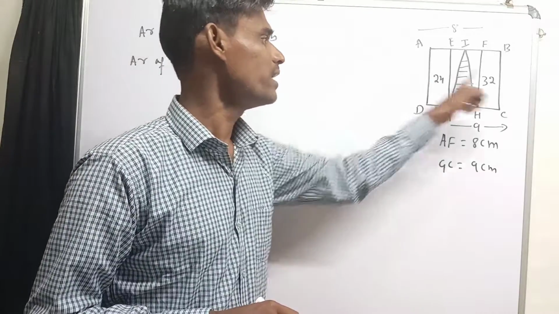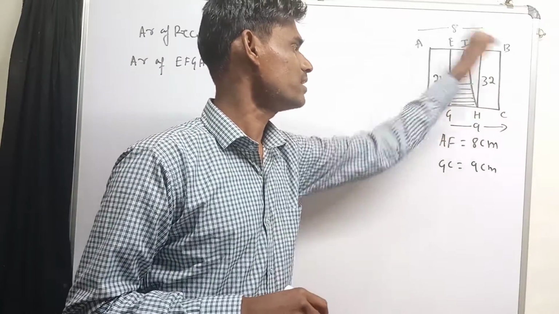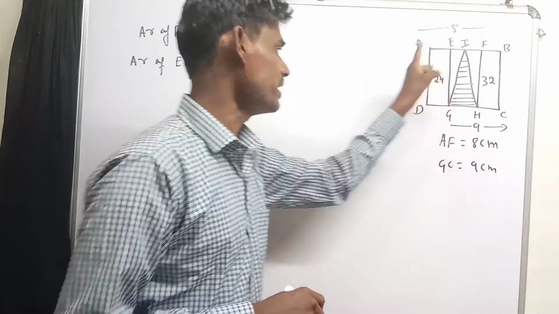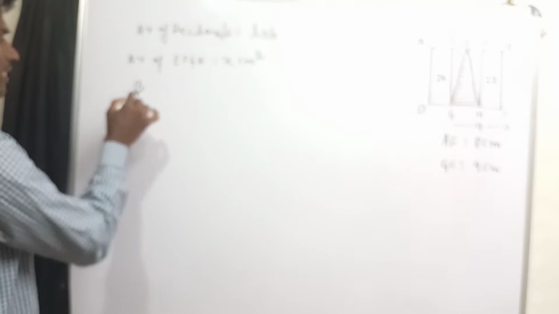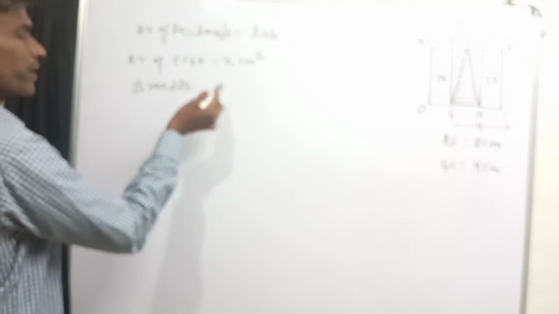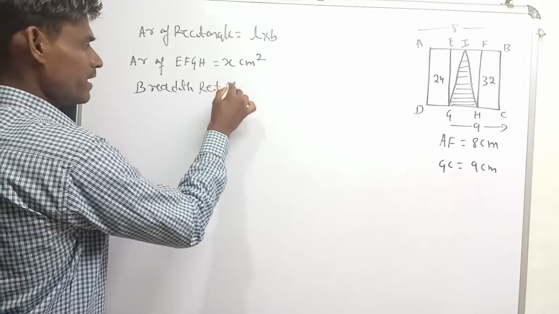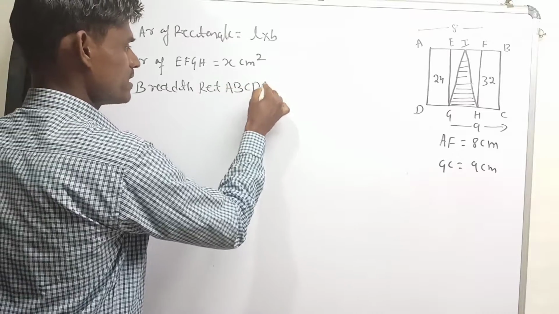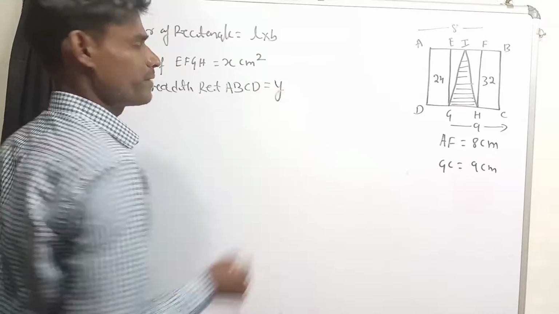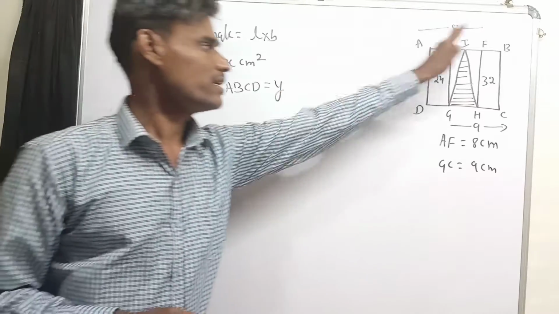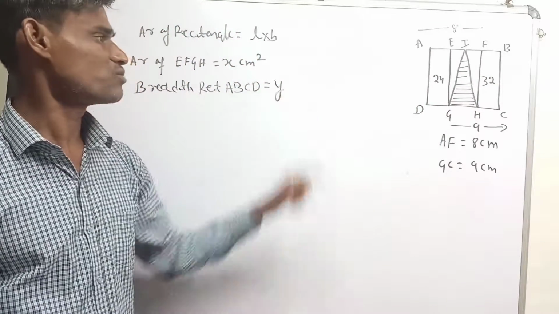Since we don't know the length and breadth of this rectangle ABCD, I am going to consider the breadth of rectangle ABCD as y.